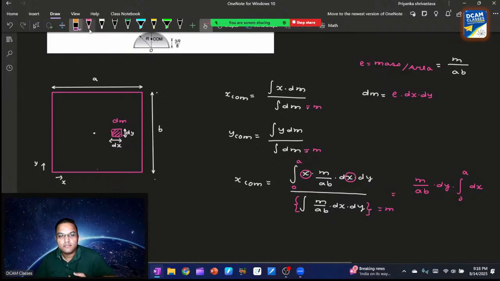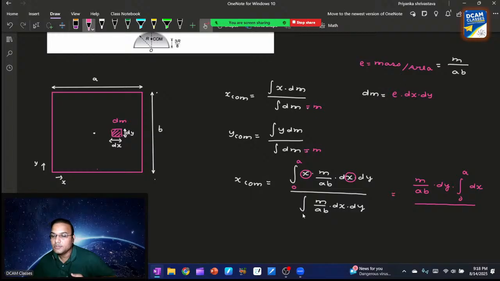Achha, I will not put it like this. I will integrate it, otherwise dy won't cancel. Here also things are changing along the x-axis only. Here in the denominator, so we'll do 0 to a.